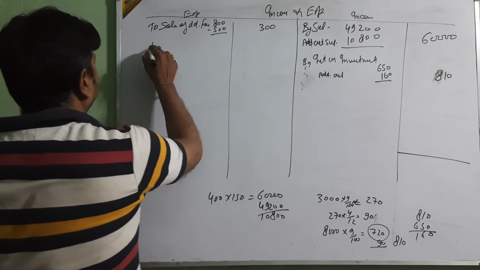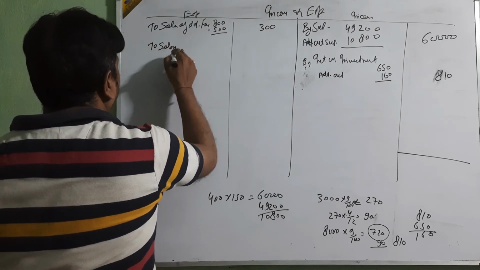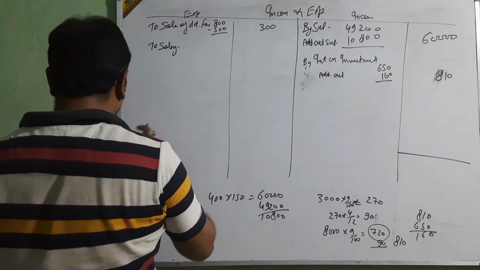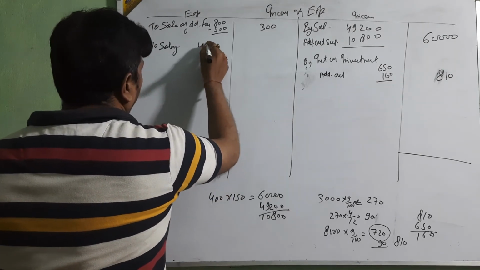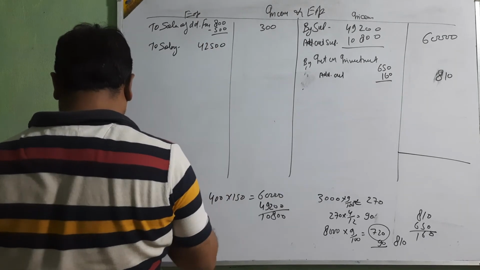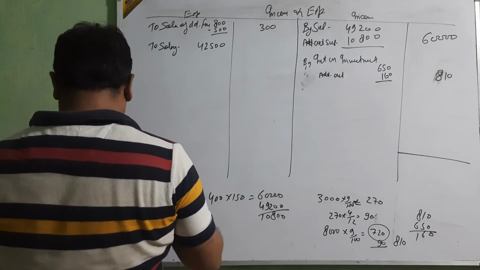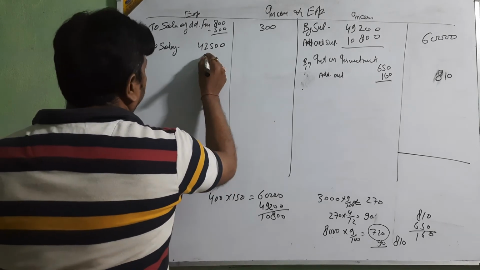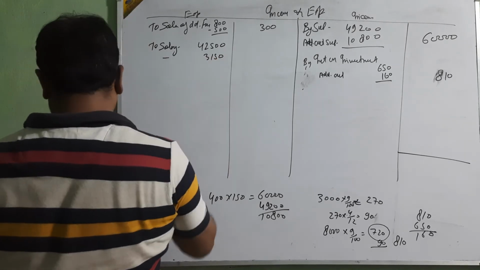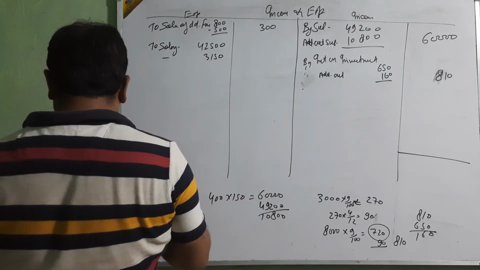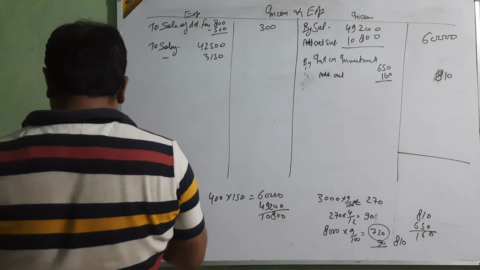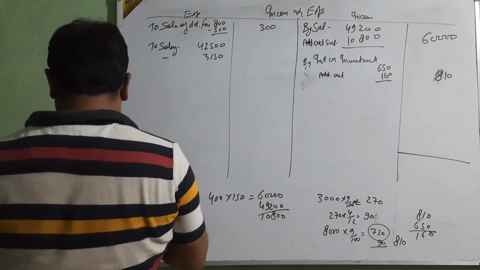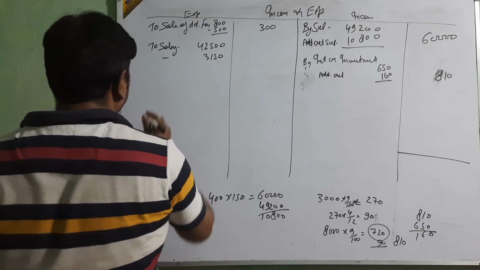Now next, salary. Salary amount, beta, 42,500. Just see the adjustment. Salary paid included 3,150, less because included for the year 17-18 outstanding, and outstanding salary.